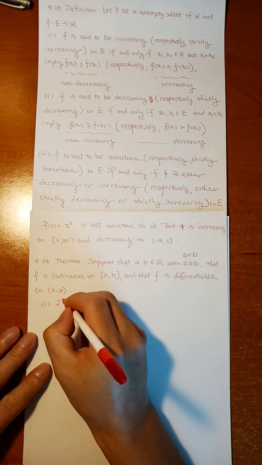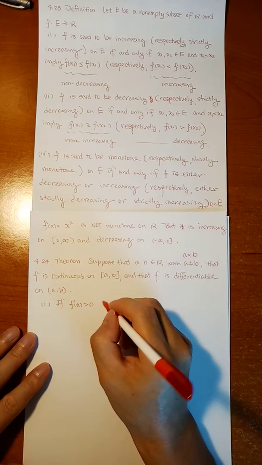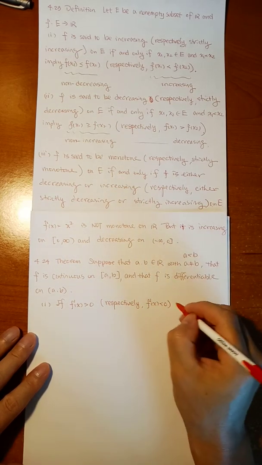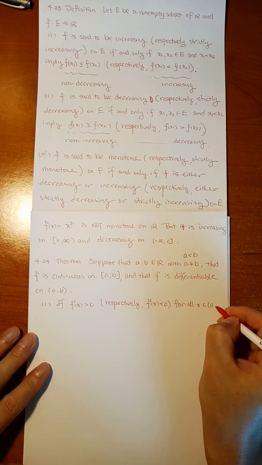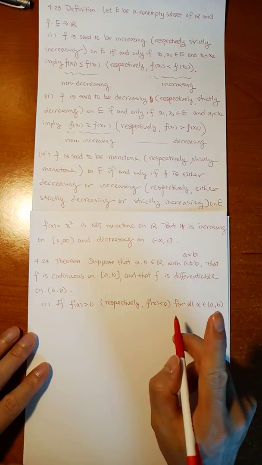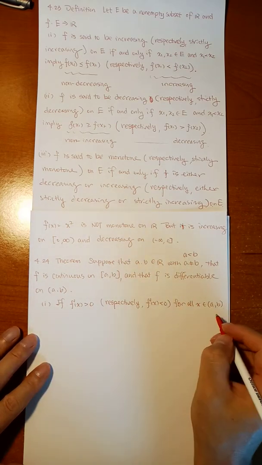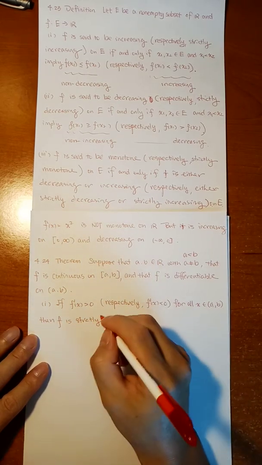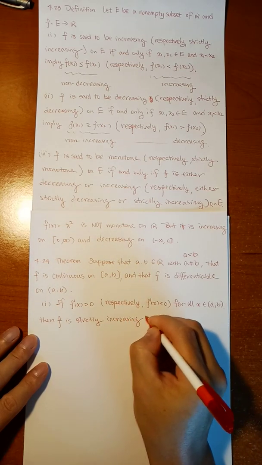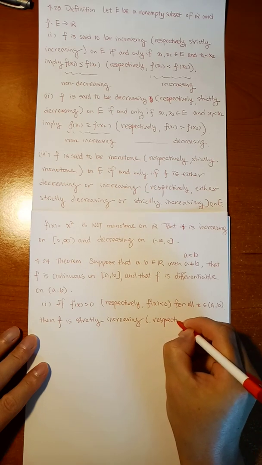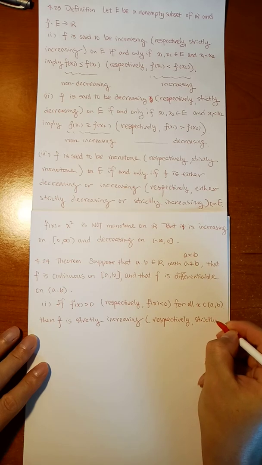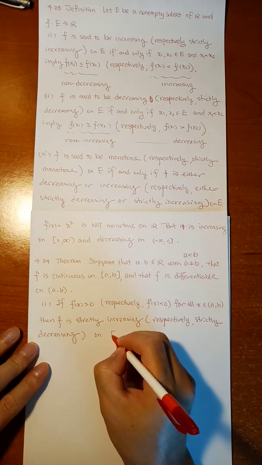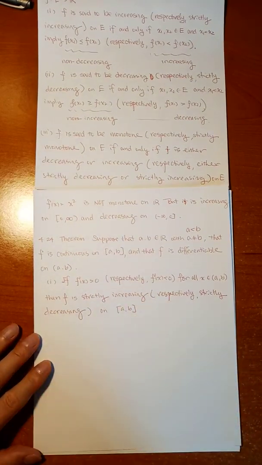First, if f prime of x is greater than 0, or respectively f prime of x is less than 0, for all x in (a, b). Here we do not just require it to be positive or negative at a single point. It has to be positive or negative over the whole open interval. Then f is strictly increasing, or respectively strictly decreasing, on the closed interval [a, b].